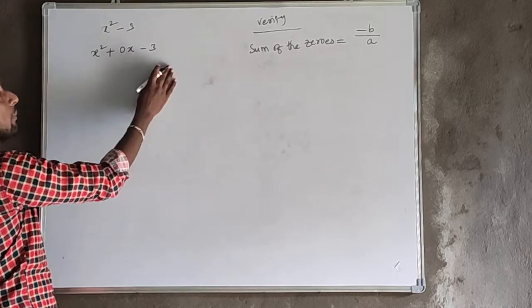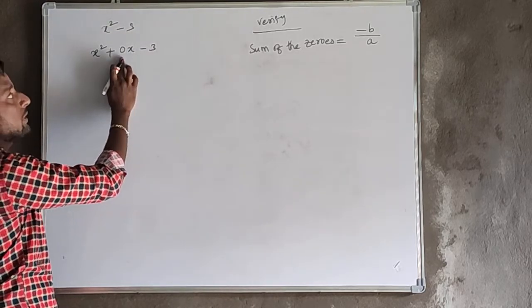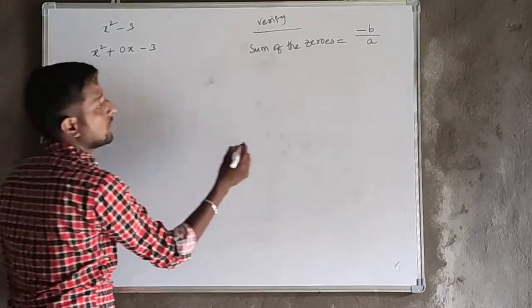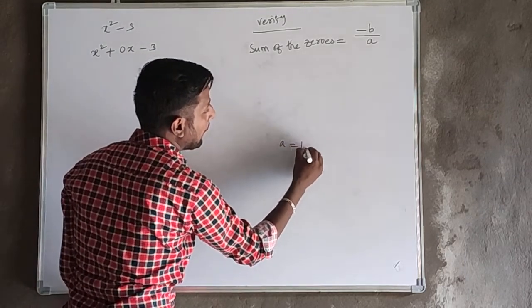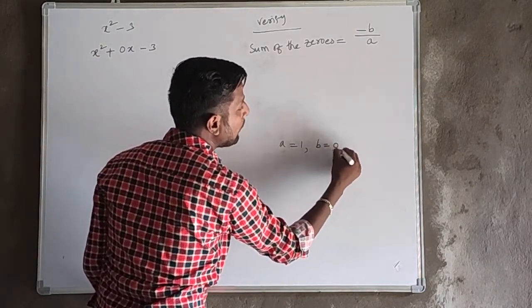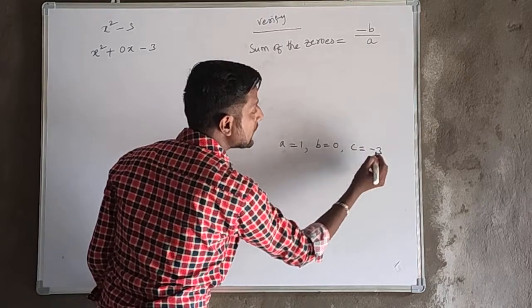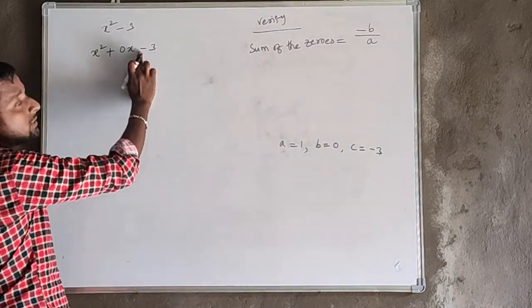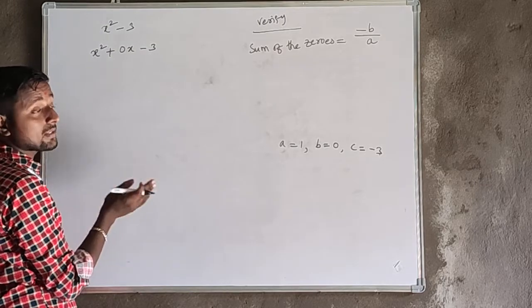If you compare with ax square plus bx plus c, the a value is nothing, so 1. B value, there is no x term, so b value is completely 0. The c value is minus 3, including the sign, remember. Including the sign, that is the c value.